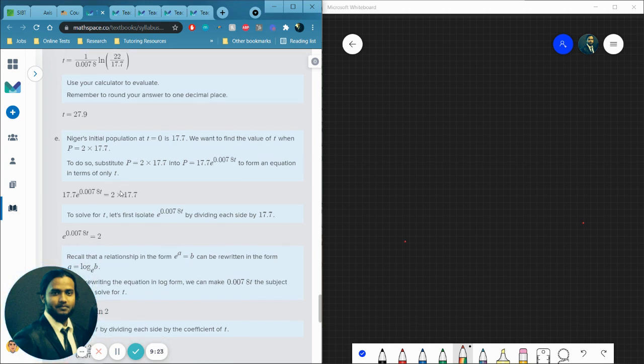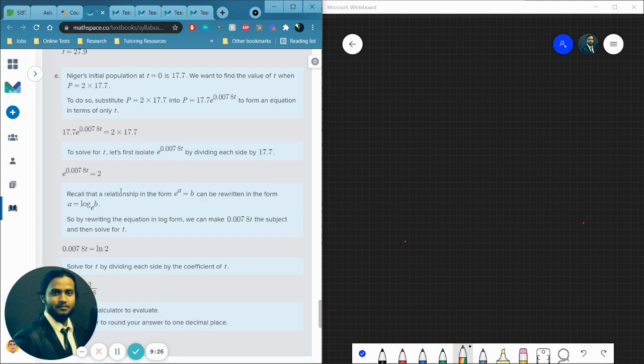And if you look at part E, it's asking: Niger's population at t equals 0 was 17.7 million, we want to find the value of t when P doubled. So this time we are trying to find how long it takes for the population to double. This is the exact same problem that we solved before, but the only difference is earlier we solved for 22 million. Now we are solving for double the population.